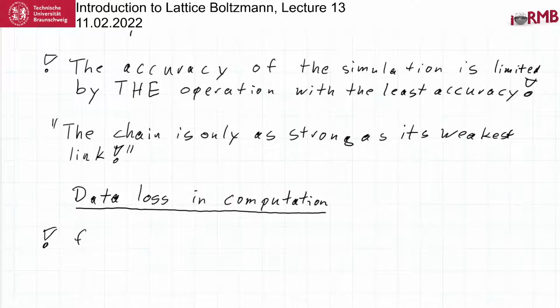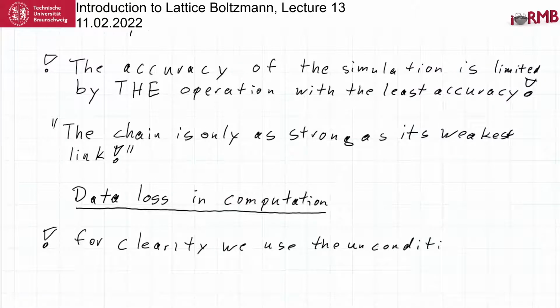I've just introduced this first simplification, storing delta Fijk instead of Fijk, but for clarity of this discussion that comes now, we use the unconditioned distributions in the following.